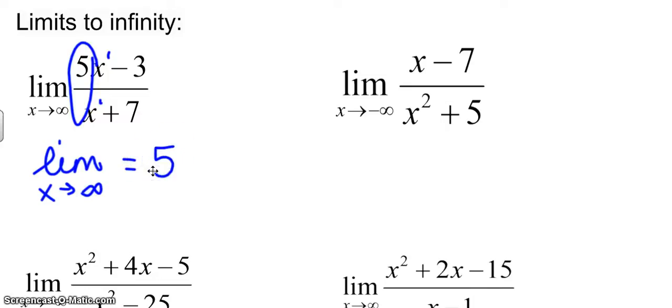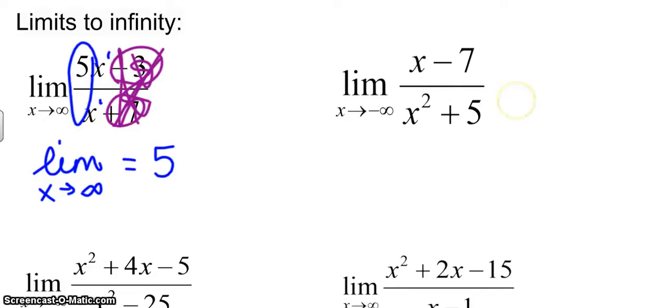The other way to think about that is if I plug in really big numbers. So 5 million minus 3 divided by a million plus 7 is going to be really close to 5. As you start to get to really large numbers, subtracting 3 or adding 7 doesn't impact your final answer. It's going to be the highest power that really is creating your limit value. Alright, so this one, go ahead and factor if you can.